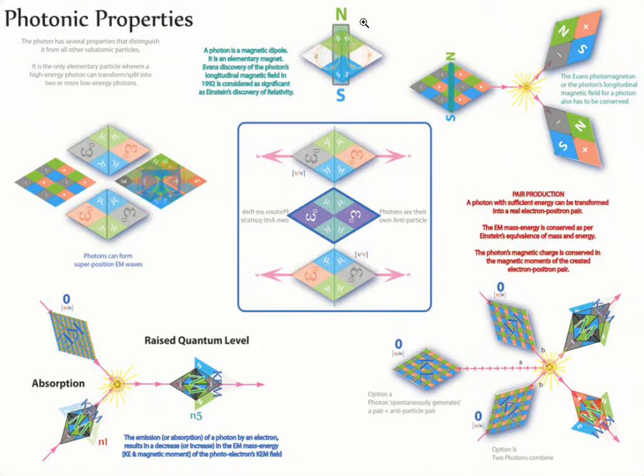A number of things appear. Obviously, we've discussed the Evans photomagneton. It's an elementary magnet that occurs when two bosons, two charged quanta, interact via the weak force to form a photon. This is done obviously to release energy from a system, and in the case of photons, they will deliver energy to a system or to a matter geometry and convert back into the bosons.